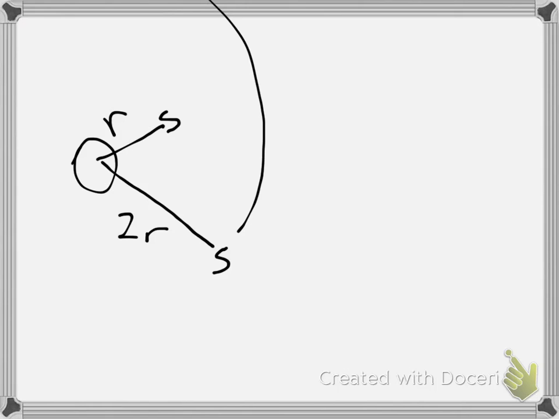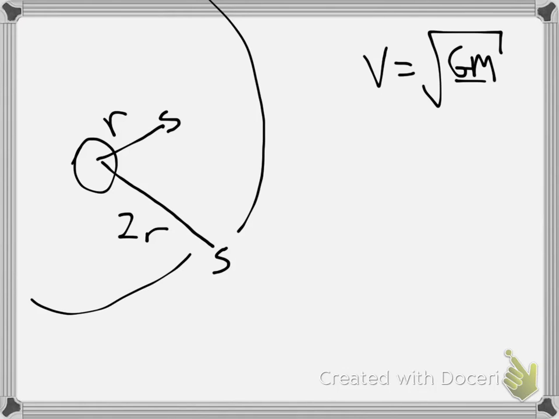So then what velocity is going to keep us in geosynchronous orbit? I don't know if you remember when I was talking about that. The orbital velocity is the square root of big G m over r. Remember this? This is the mass of the planet, not the mass of the satellite.